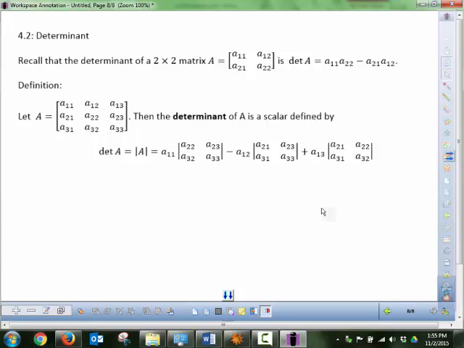And that's one way to find the determinant of a 3 by 3 matrix. And if you look at just the symbols and the numbers and the subscripts, this is probably confusing. So it might be better if we look at the process. And I think if we take a look at the process, it'll be a little bit clearer.